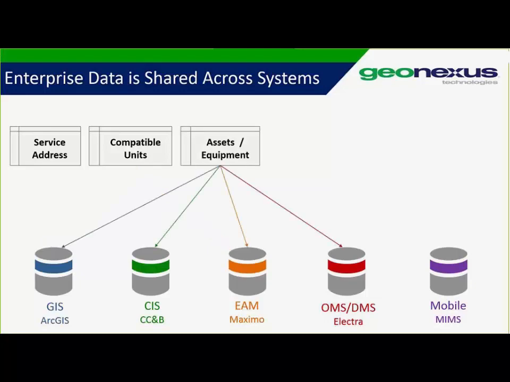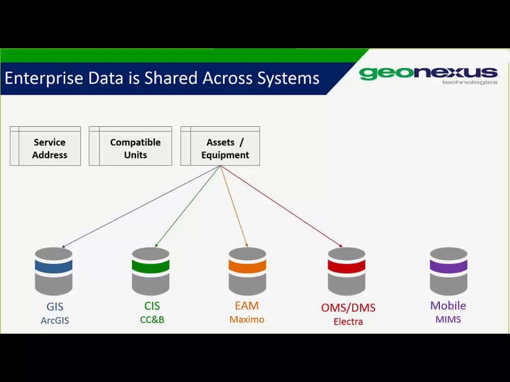Assets and equipment are common across many different systems. The meter, for example, a lot of times that meter is stored in our CIS system because we bill against it, right? We get our revenue based on our meter reads, and we bill our customers. Well, meters also need to be assets that we account for in our asset management register.